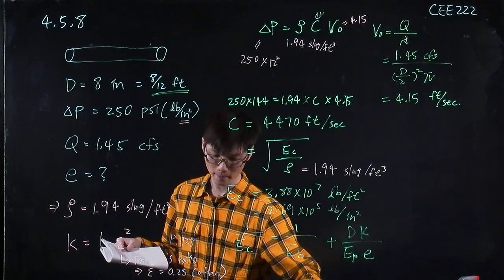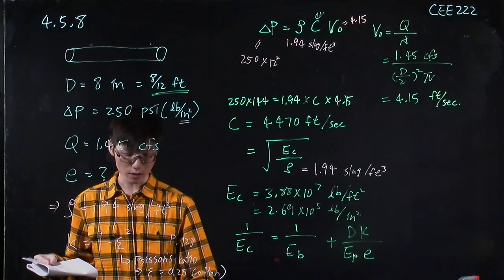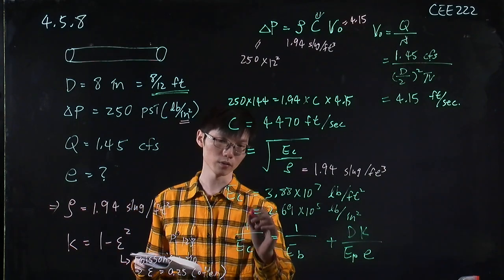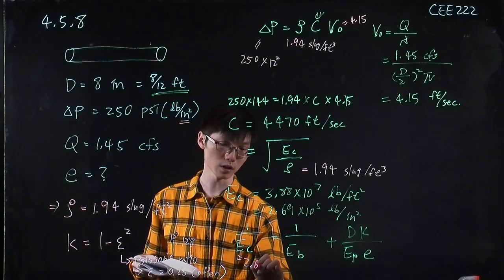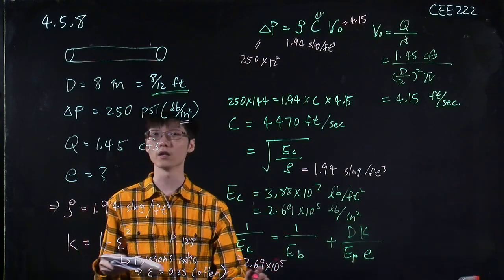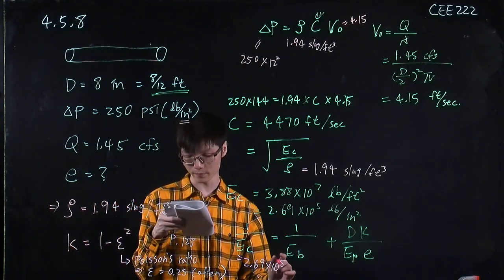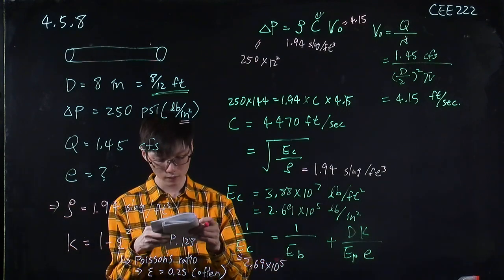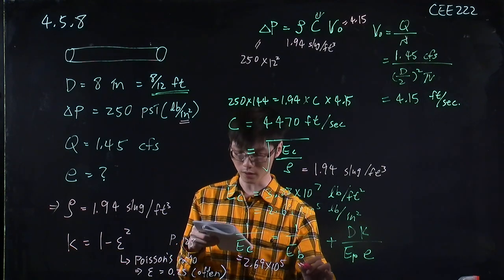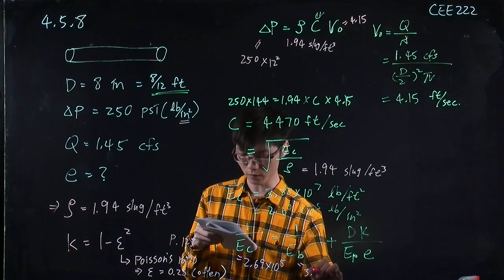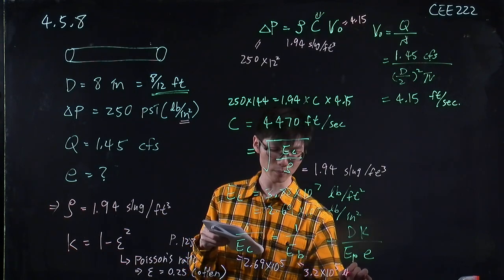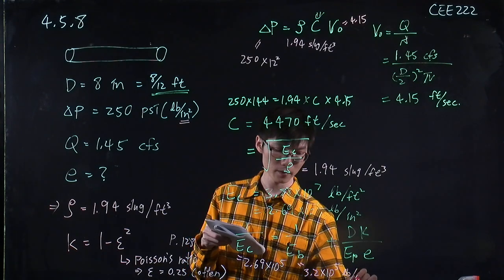Okay, so let's start to plug in the numbers. We know the EC equal to 2.69 times 10 to the power 5, and we know the EB of the water, which is equal to 3.2 times 10 to the power of 5 pound per square inch.